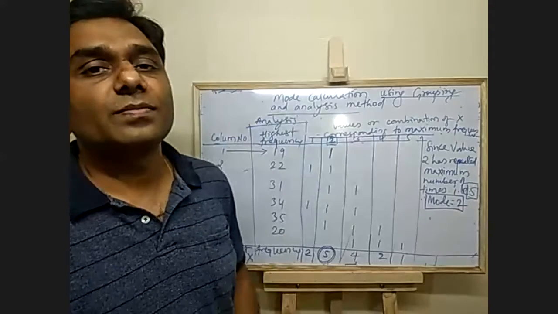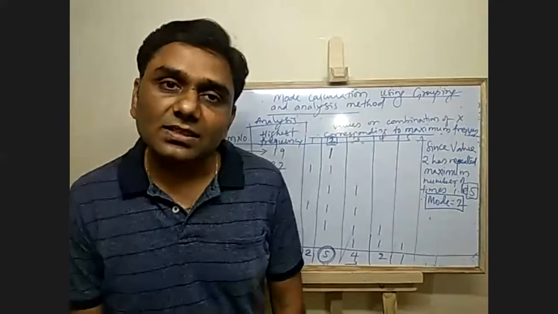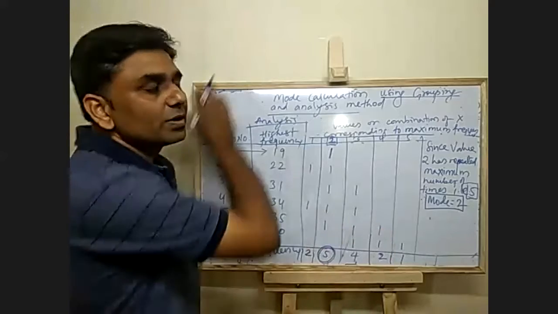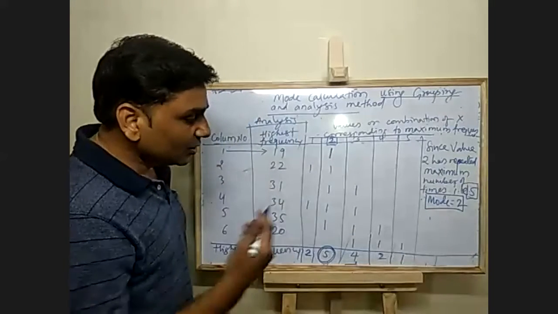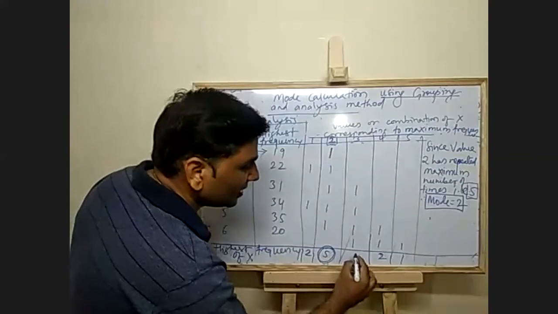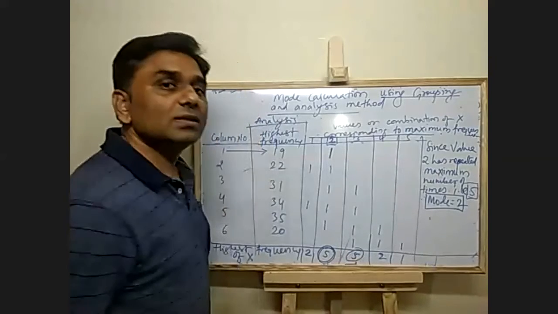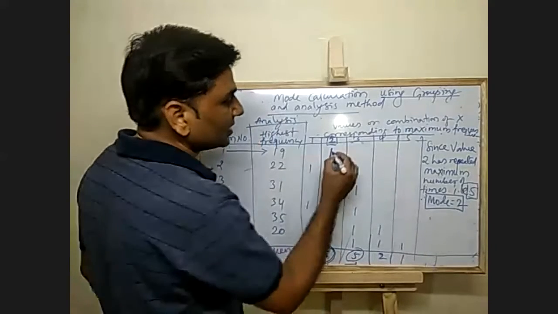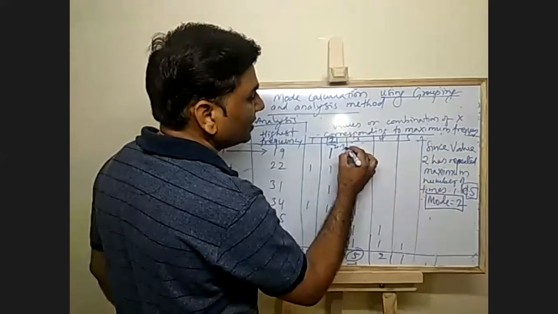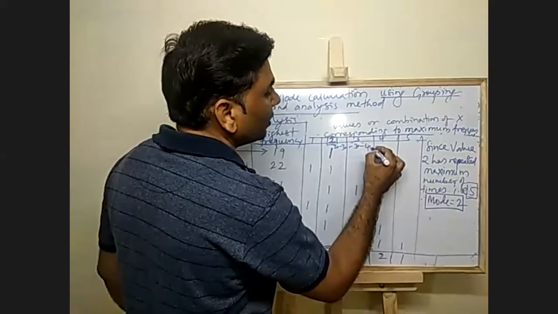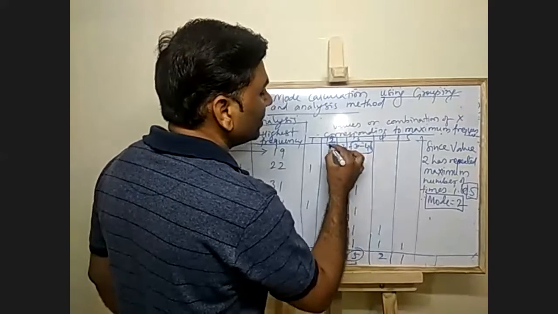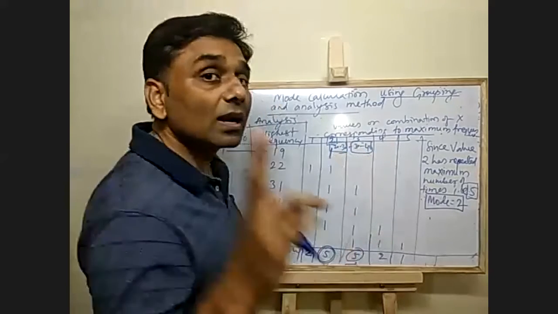What if the class intervals they have given, you did all this and you got here two numbers equal? In the sense, let's imagine this is 20 to 30 and this is 30 to 40. Now what you are getting? You are getting two modal classes.